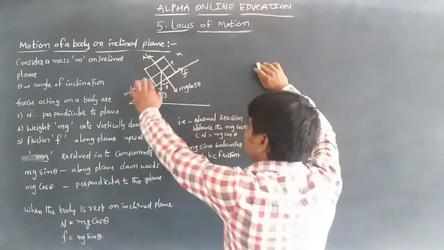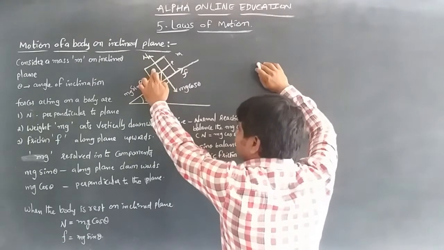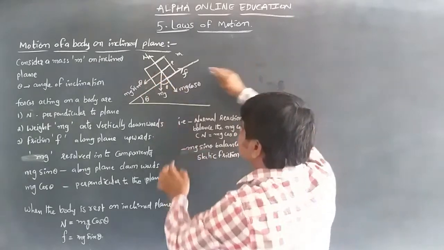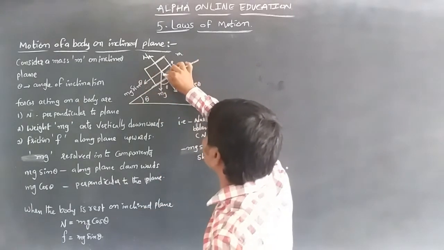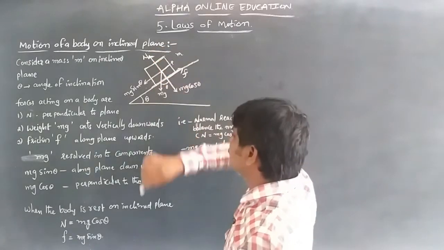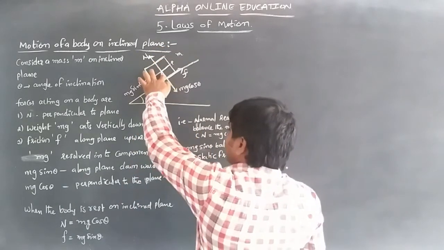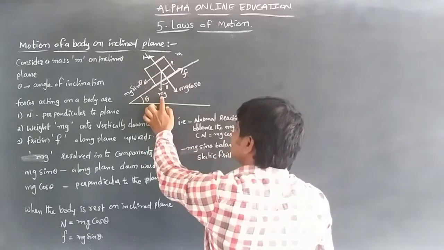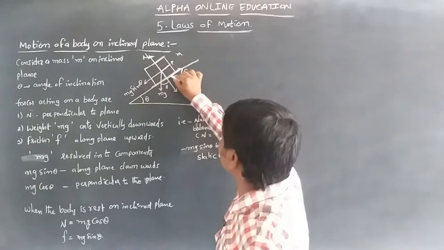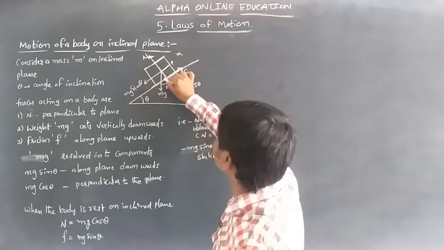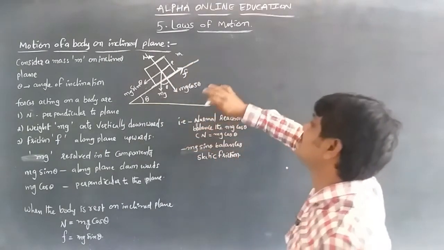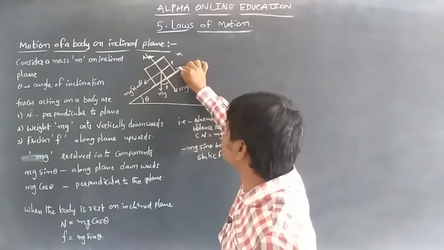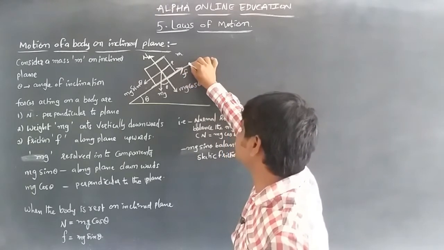The normal reaction acts perpendicular to the inclined plane, the weight mg acts vertically downwards, and the frictional force acts along the plane in the upward direction.